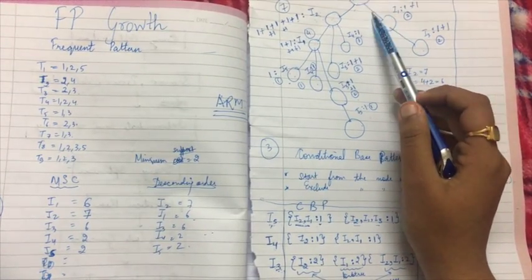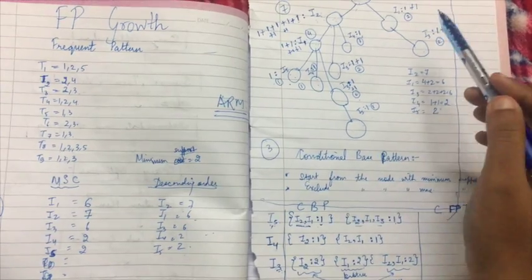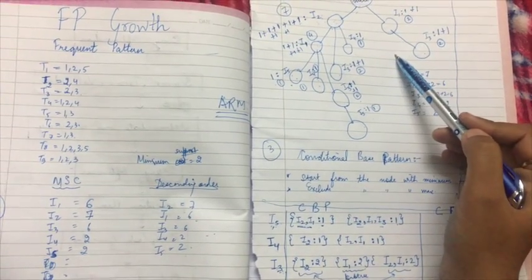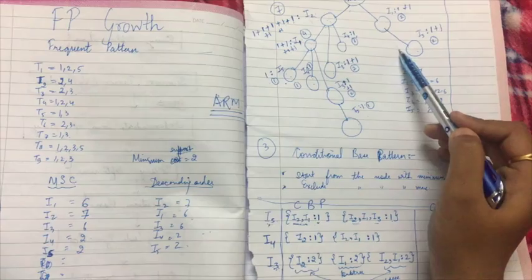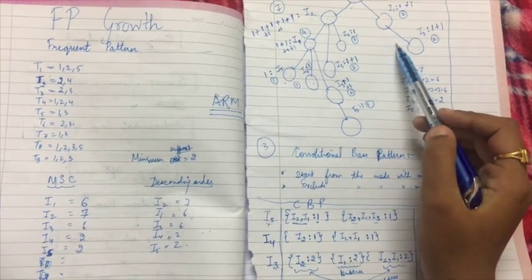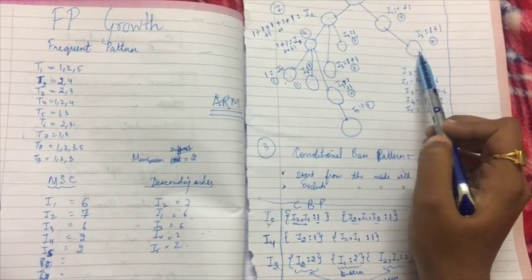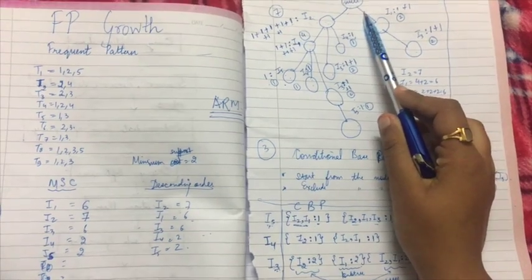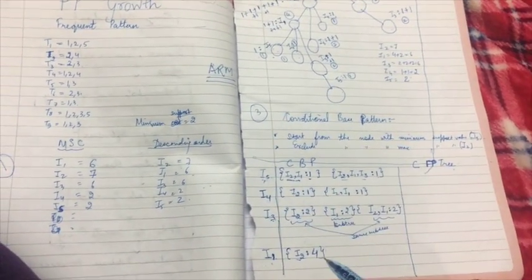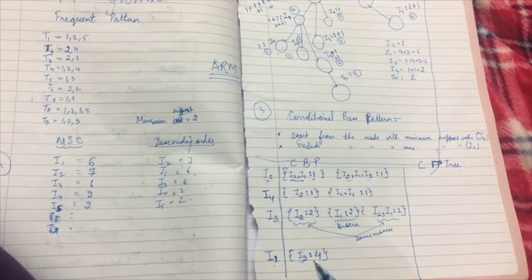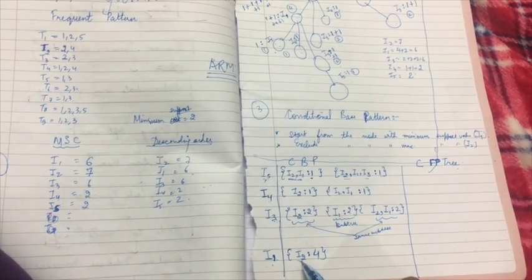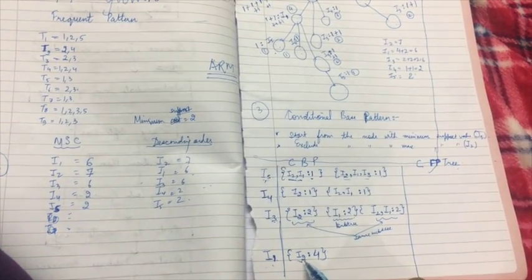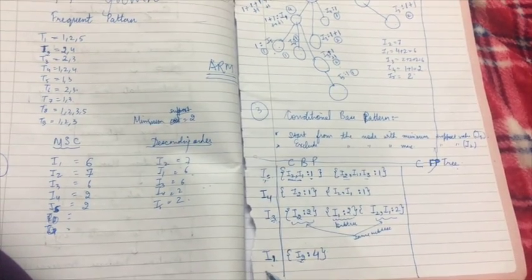Since my graph was made in descending order of support values, an item with a support value lesser than I1 will not come in its path. So the items taken on this side will have a support value greater than the items taken on this side.